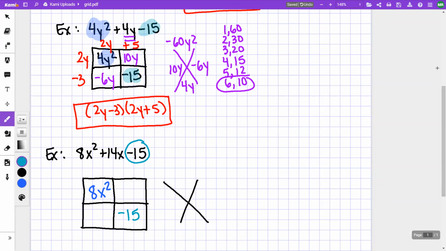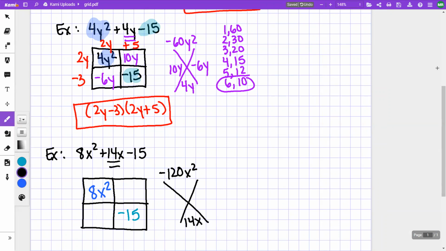And when I multiply those together, I am going to get, up at the top, 15 and 8, that's going to be 120. So I'm going to get a negative 120x squared. And it has to add to that 14x.